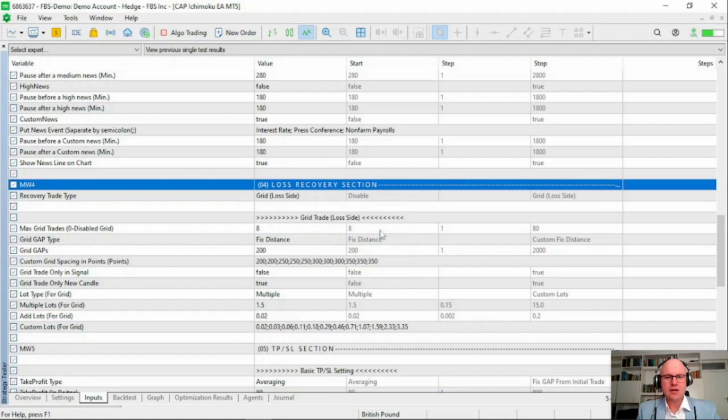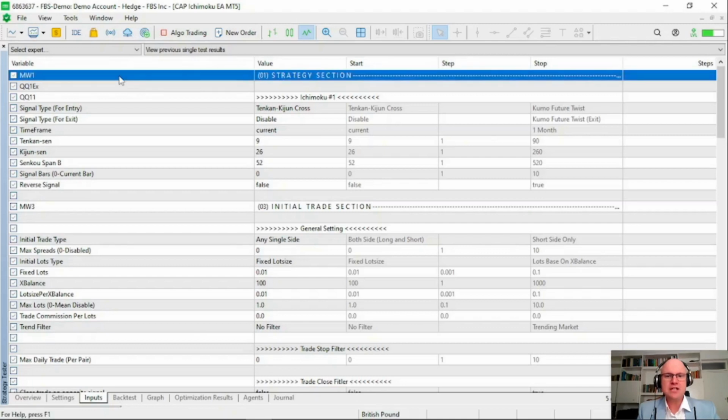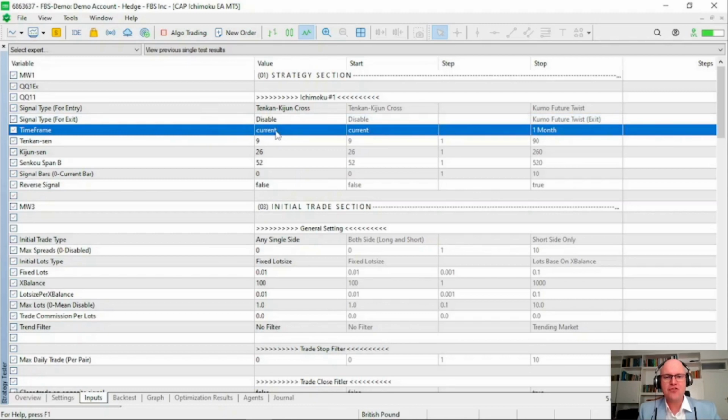Next, let's take a look at the highly customizable settings for the Ichimoku EA. So like I said before, it does have 5 different strategies for entry, and it also has 5 strategies plus disable for exit. You can also further customize your Ichimoku according to the time frame and the length that you want to select.